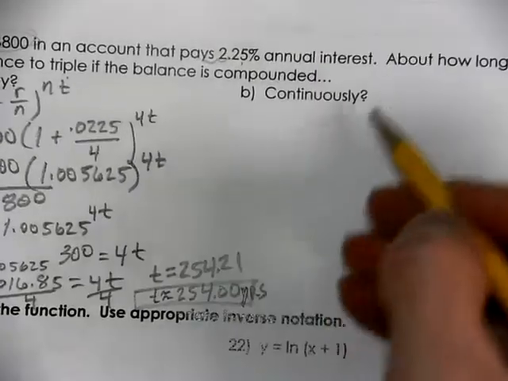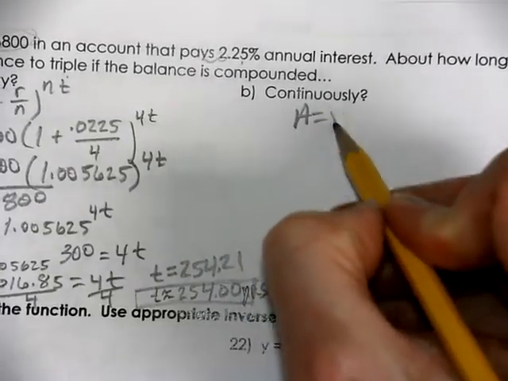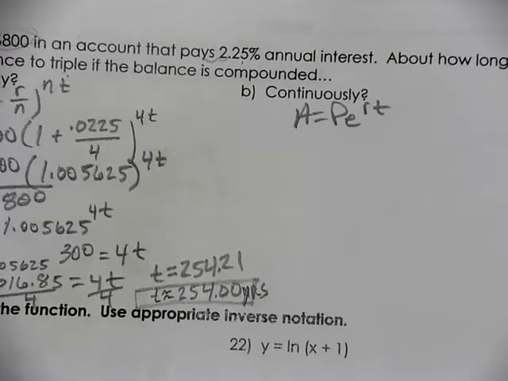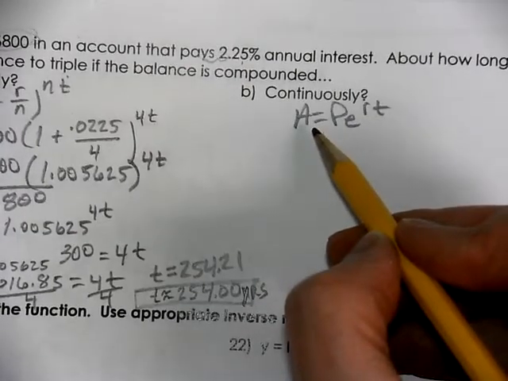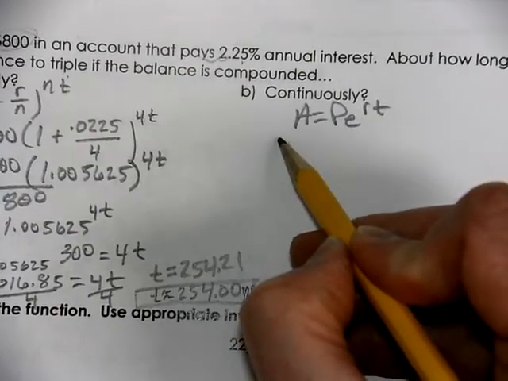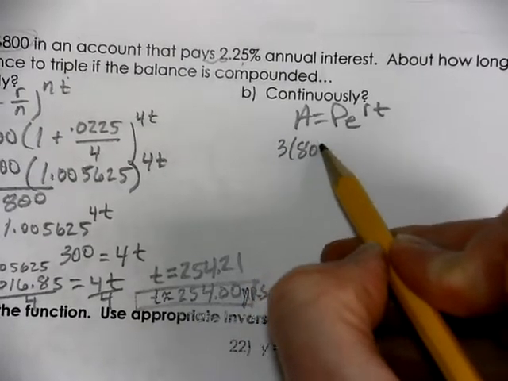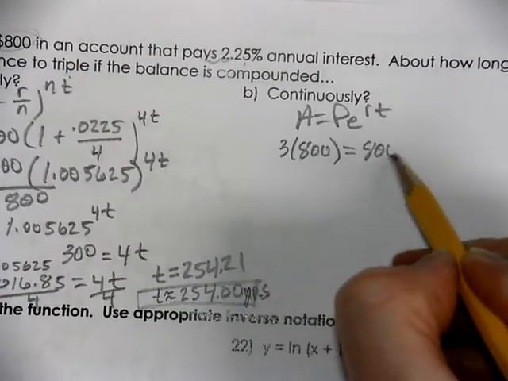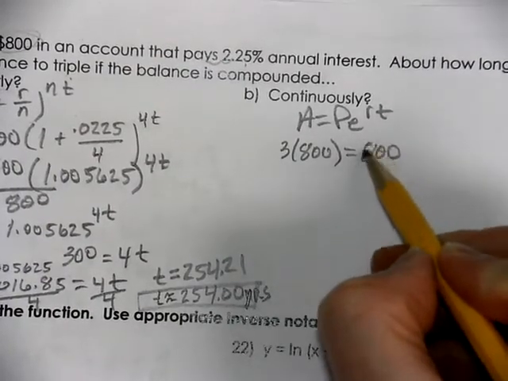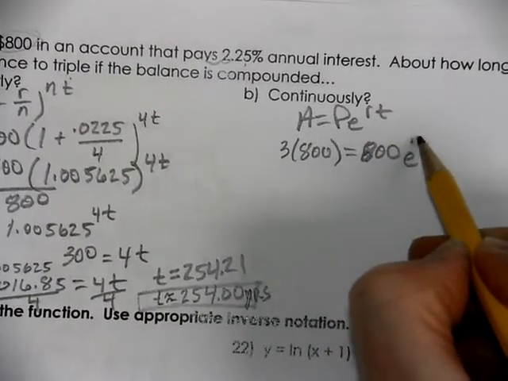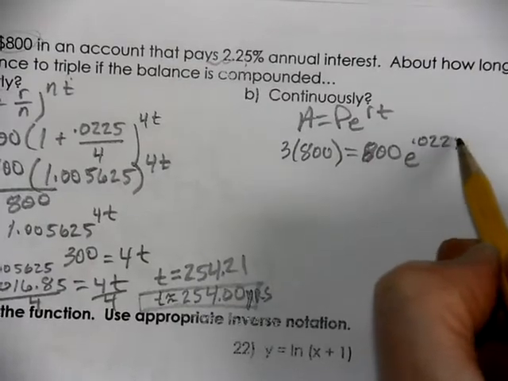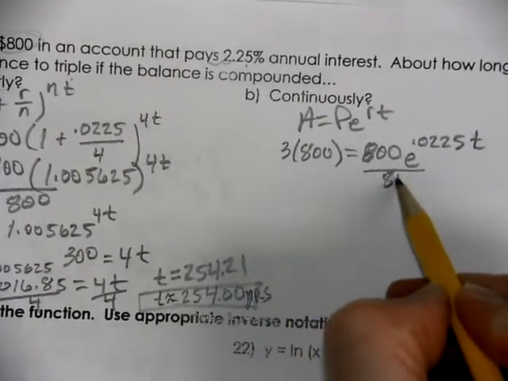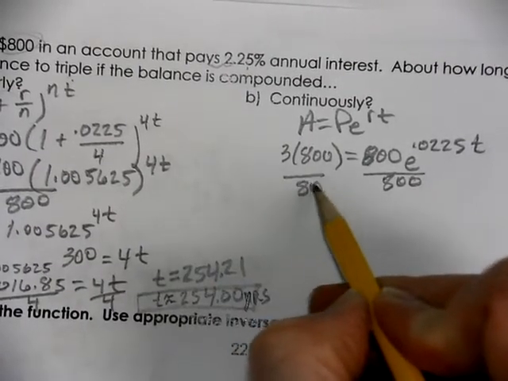all right. Continuously. A equals Pe^(rt). So we want our amount we start with to triple. So we divide by 800.